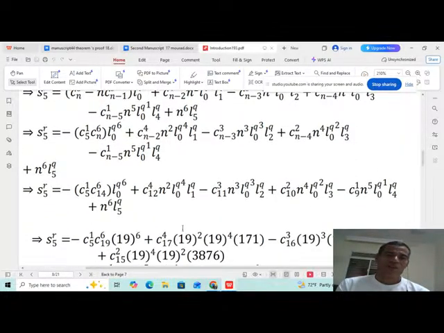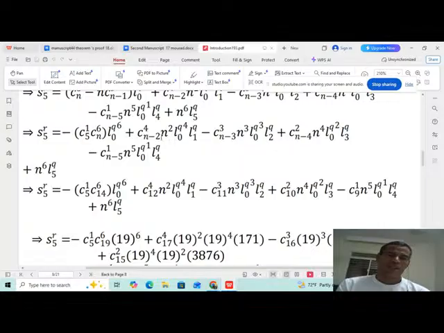So you can see this one. Here 5 is an odd number, so the first one becomes negative, then plus, then negative, then plus, then negative, then plus. Combination 5 choose 1, then I add 5 to 1, 6 choose 19, and n raised to the power 19 plus, here the formula. 6 choose 19 is that.